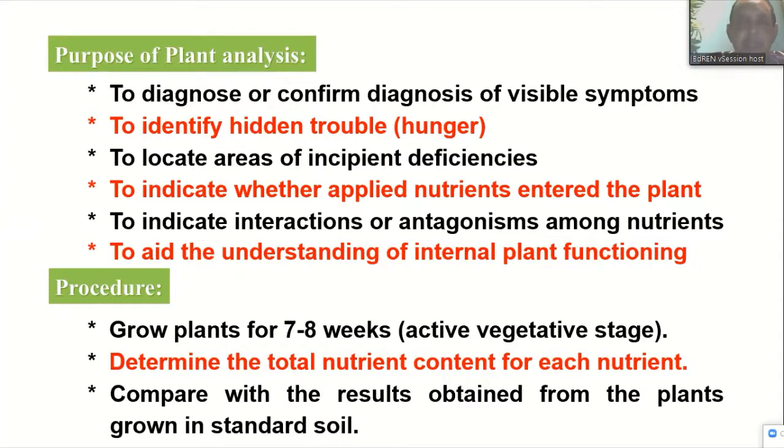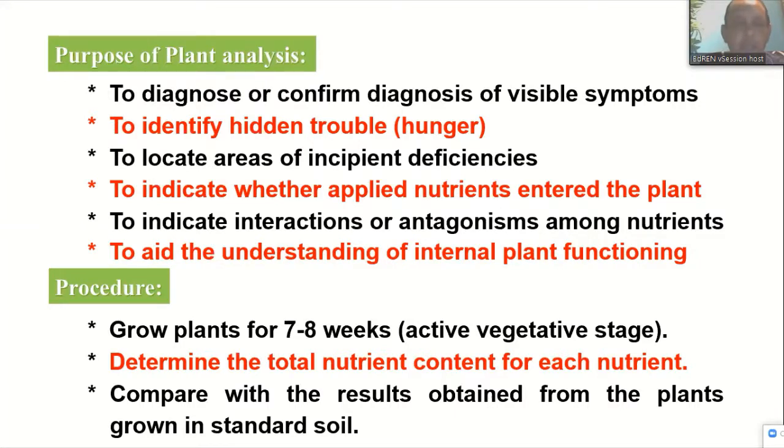That means although we are applying some kind of nutrients or fertilizers in the soil, whether these are entering into the plant or not. To indicate interactions or antagonism among nutrients. This means interactions among the nutrients.